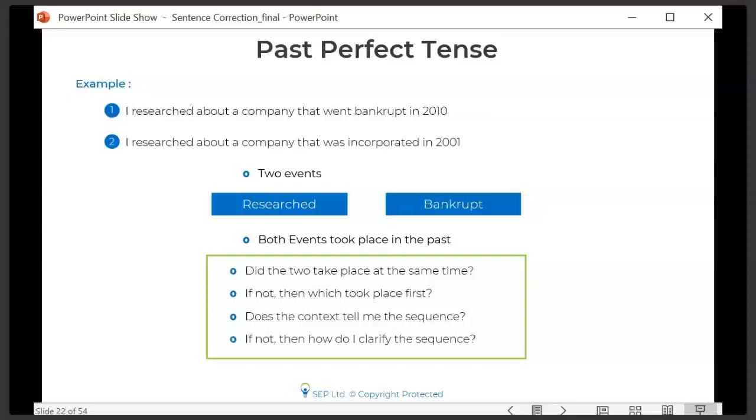You need to ask yourself, did the two take place at the same time? No? Then which one took place first? Does the context already tell me which one took place first? If it does not tell me, then how do I make sure that the sentence clarifies the sequence? All right, now let's see.